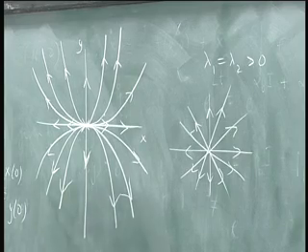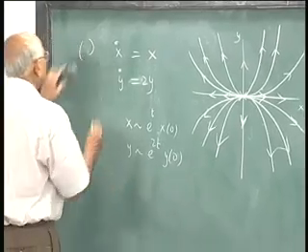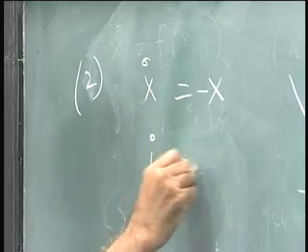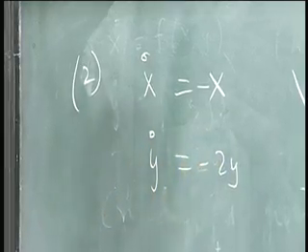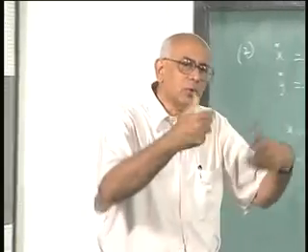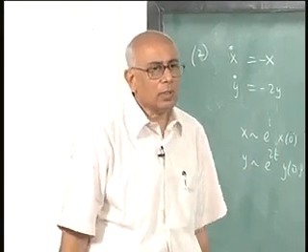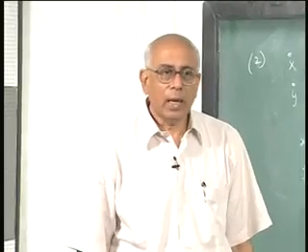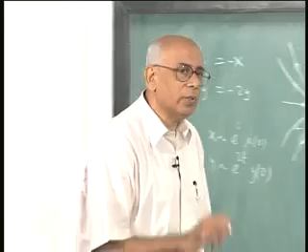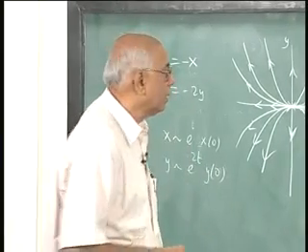What would happen if both these things were negative? Case 2, all I have to do is put minus signs. What would happen to this picture? All the arrows would be reversed, everything would flow in asymptotically. Would you call this stable or unstable? I would call it asymptotically stable, because I am going to distinguish between stability and asymptotic stability, and they are different properties altogether.